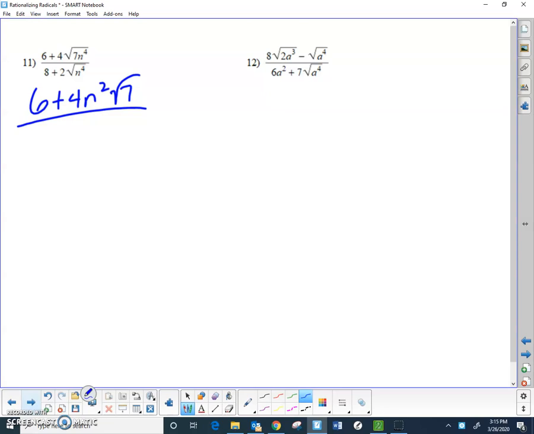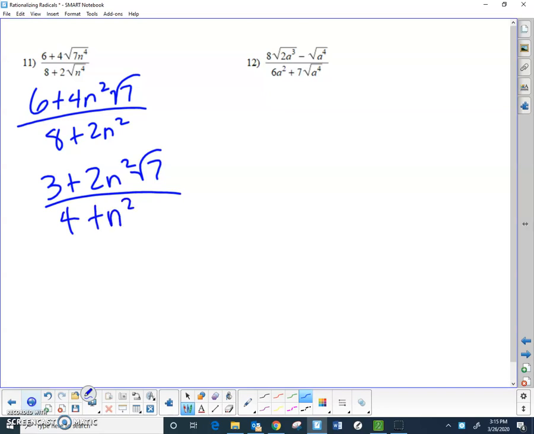But on the bottom, I've got an 8 plus 2, and the square root of n to the 4th is n squared. So I actually don't have an irrational number on the bottom. I don't have that radical, so all I need to do is simplify this. 2 comes out of all of these. So 3 plus 2n squared times the square root of 7 over 4 plus n squared. And that is as simplified as that one gets.